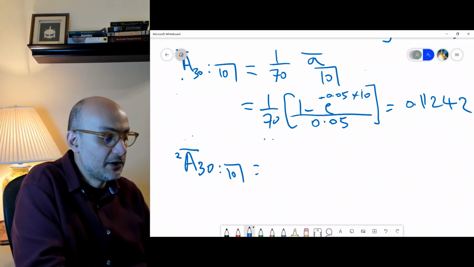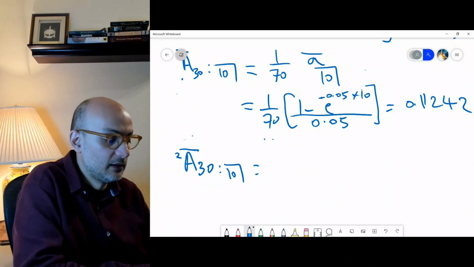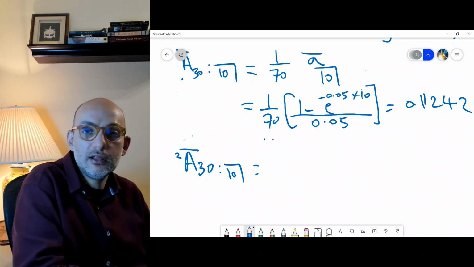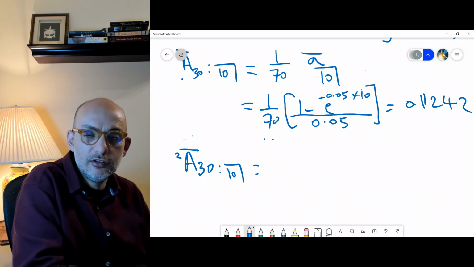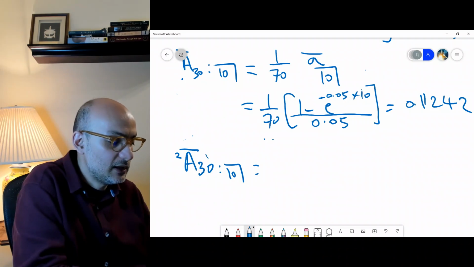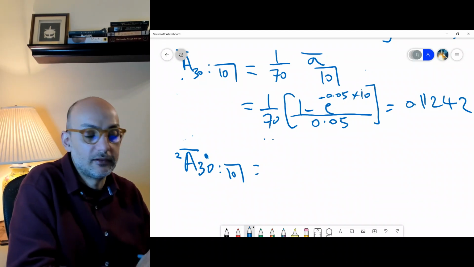The bar on top tells us it's continuous: payment is made at the time of death. Age 30: we are evaluating it for an individual age 30. The angle 10 tells us the insurance covers only 10 years. And the 2 here tells us it is the second moment, right?